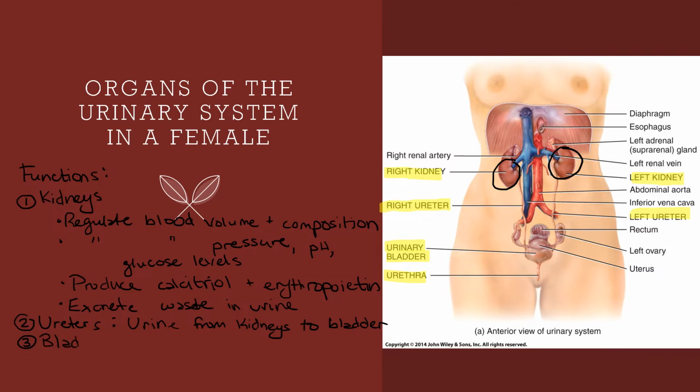The urinary bladder functions to store urine and expel it to the urethra. And then our final function, number 4, is regarding the urethra. The urethra discharges urine from the body. It gets rid of it. So this is the urethra.